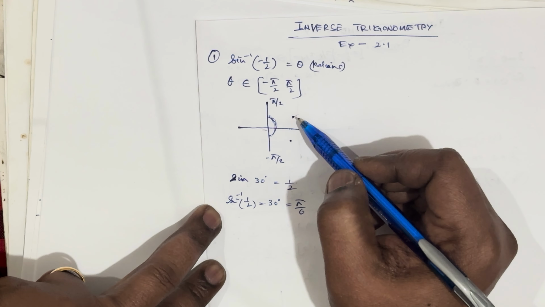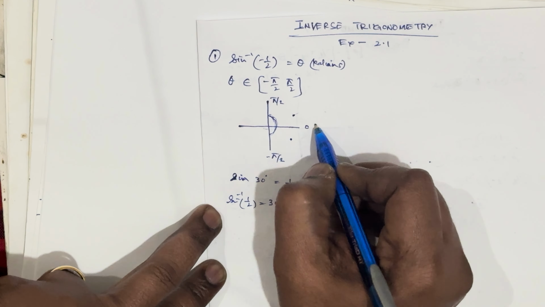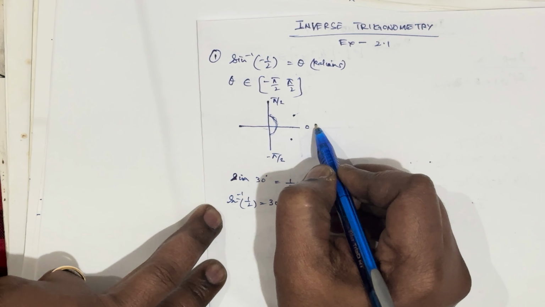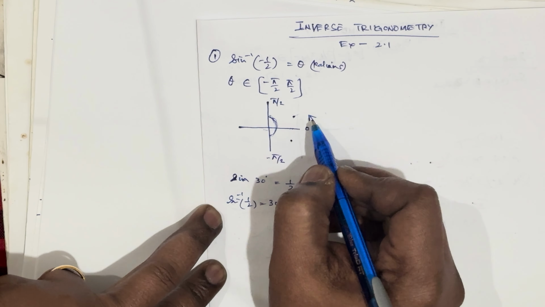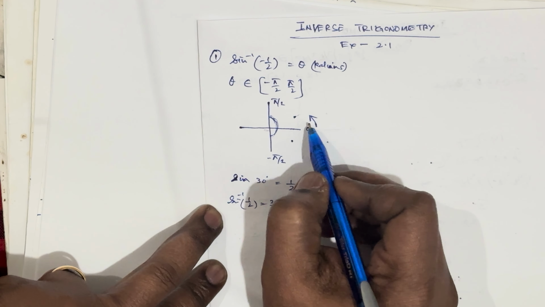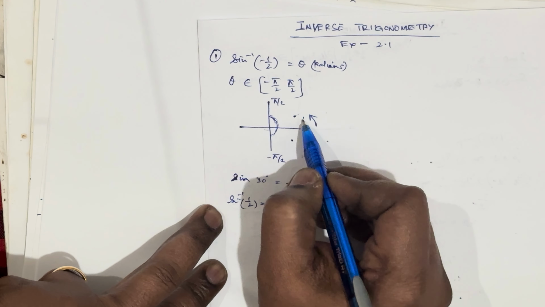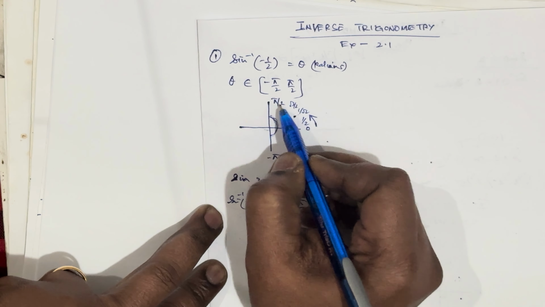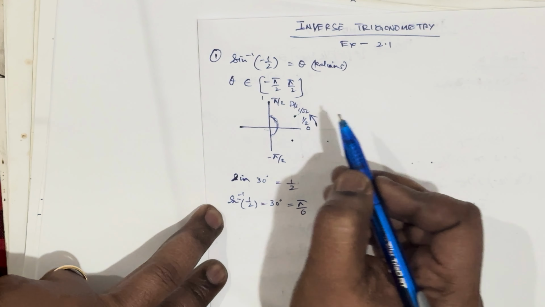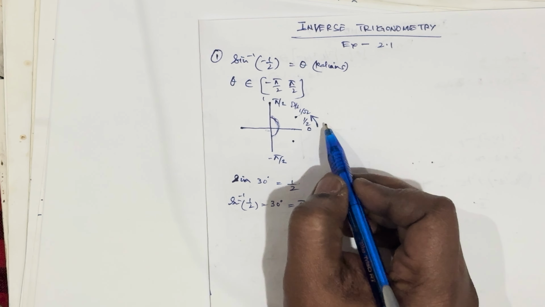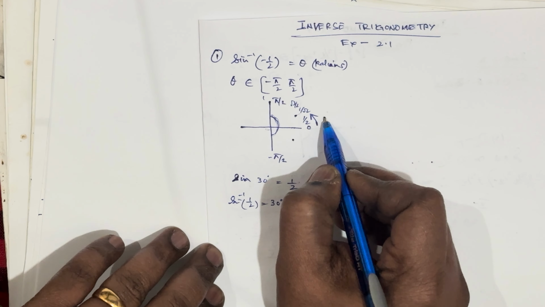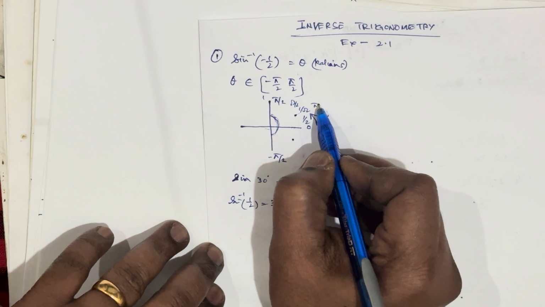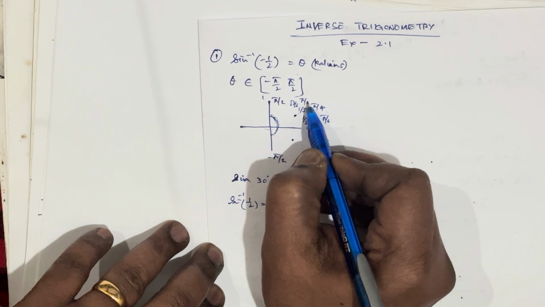Here all the values for sine are positive: 1 by 2, 1 by root 2, root 3 by 2, and positive 1. The angles are also positive: pi by 6, pi by 4, pi by 3, and pi by 2.